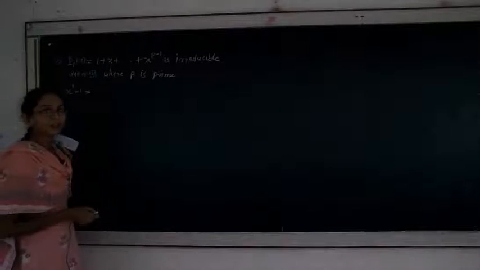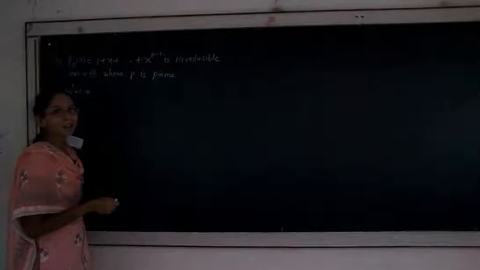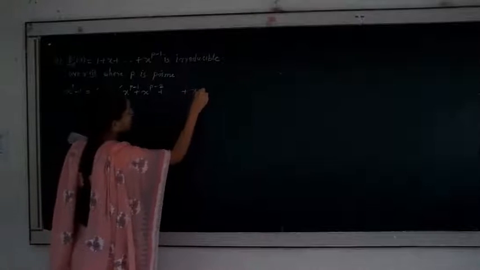Let us prove this fact that the pth cyclotomic polynomial is irreducible over Q where p is a prime number. We have the result x^p minus 1 factorizes into two distinct polynomials, one of degree 1 and another of degree p minus 1. The factors are (x minus 1) times (x^{p-1} + x^{p-2} + ... + x + 1).